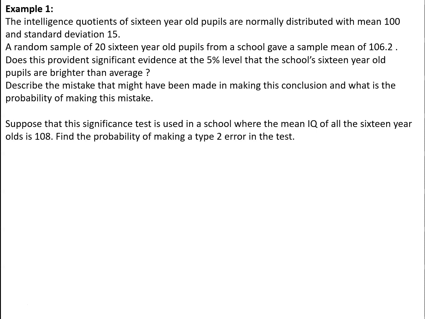So we need to set up our significance test first of all, and the first thing we must do is define the variable that we're going to be considering, which in this case is the mean IQ of 16-year-old pupils at this particular school. We don't know what the value of mu is, but what we are trying to do is decide between two possible explanations.